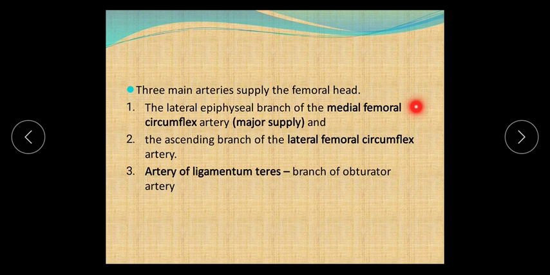This is the artery which gives the maximum supply to the maximum part of the head of the femur. Next is the lateral femoral circumflex artery. These two are branches of the profunda femoris artery. Third is the artery of ligamentum teres, which is a branch of the obturator artery.